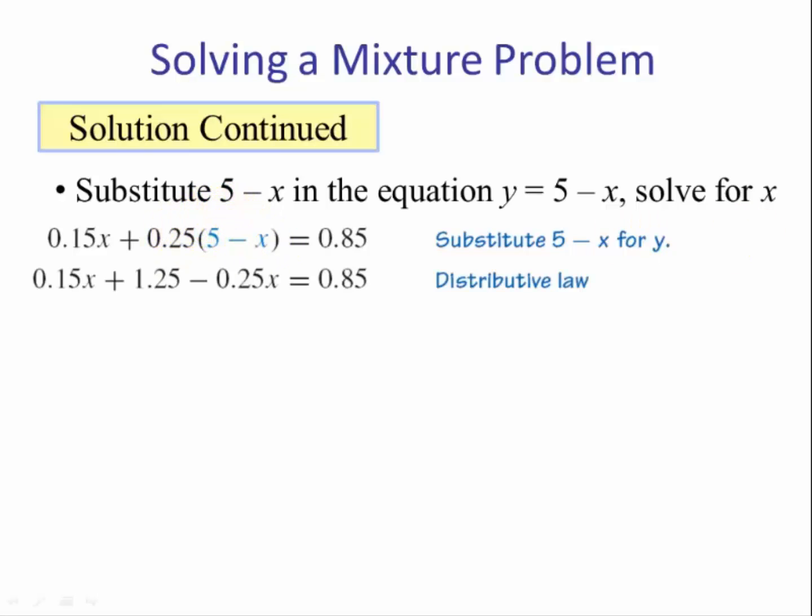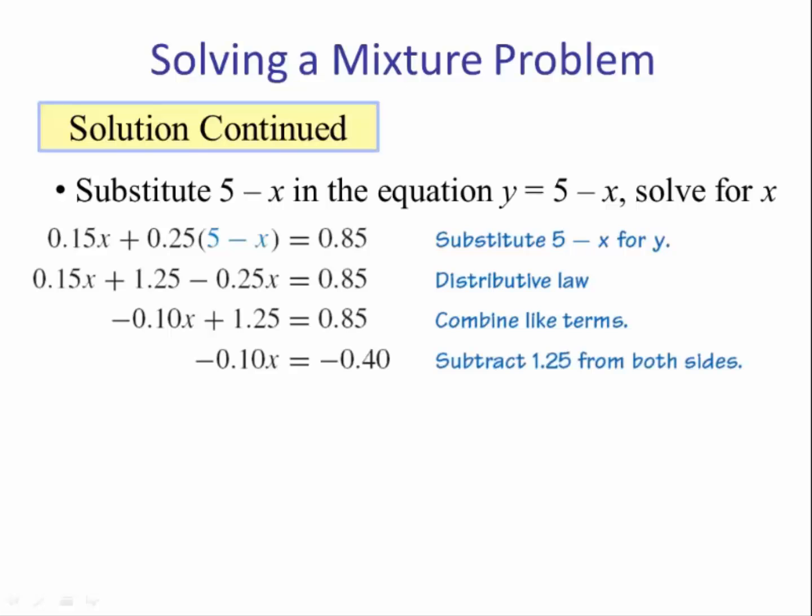So we have 0.15x plus 1.25 minus 0.25x equals 0.85. Next we combine like terms. We get negative 0.10x plus 1.25 equals 0.85. Subtract 1.25 from both sides and divide by negative 0.10, and we see that x is equal to 4.